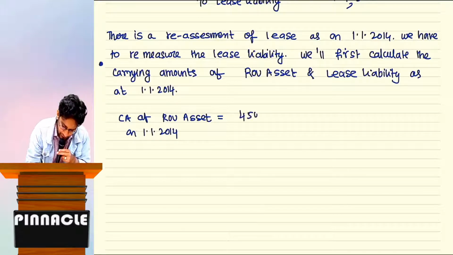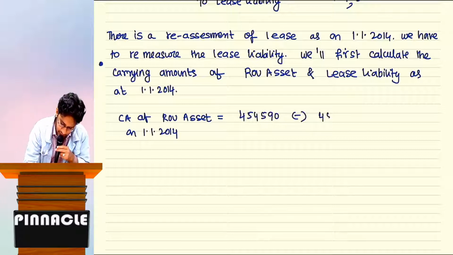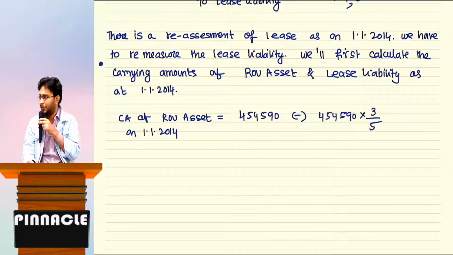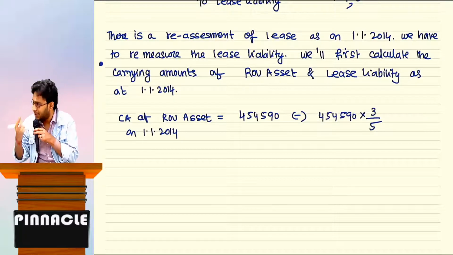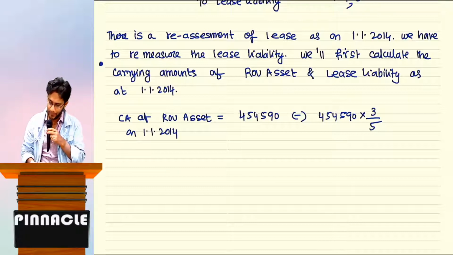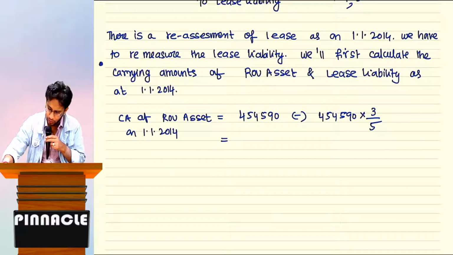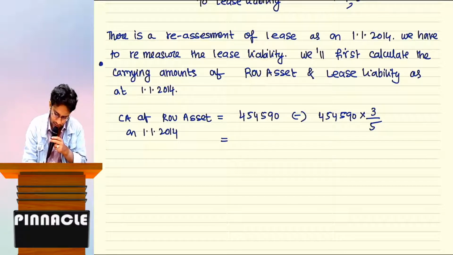So 454,590 minus 454,590 into 3 by 5. I hope you understand why 3 by 5. Divided by 5 will give 1 year depreciation. 3 years depreciation, so into 3 by 5. Do the math, tell me the number. Into 2 by 5 also you can do directly. 181,836.